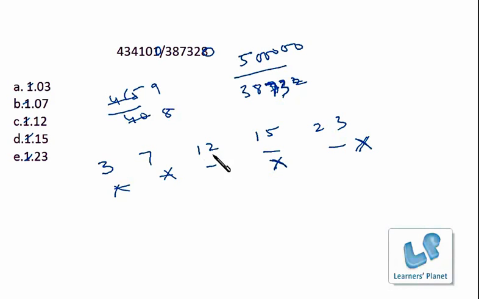So we are left with 12 only. This is the correct option because 10 times of this will be 3,80,000 and 2 times of this will be around 76,000, right? So 12 times of this data will be approximately between 4,50,000 and 4,80,000, right?